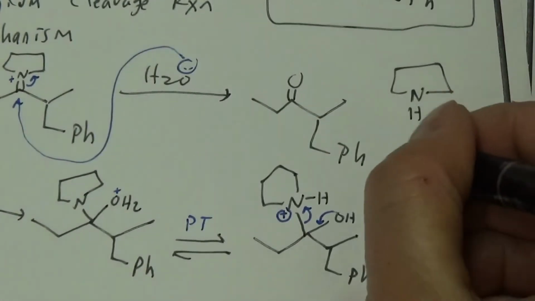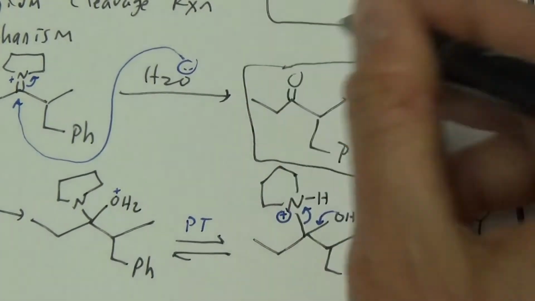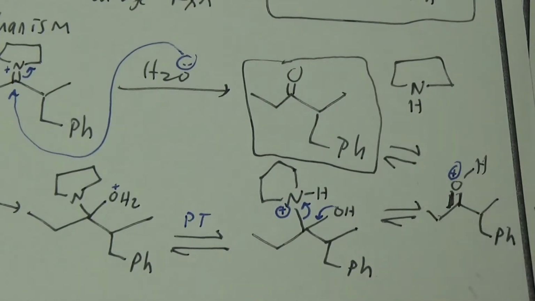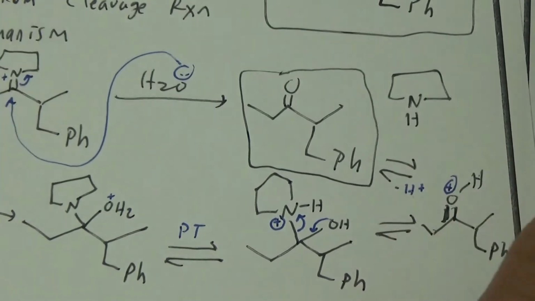Okay, and how do you think we finish off the mechanism to give the product? All we've got to do is remove a proton. So just write -H plus. Cool. That's it.